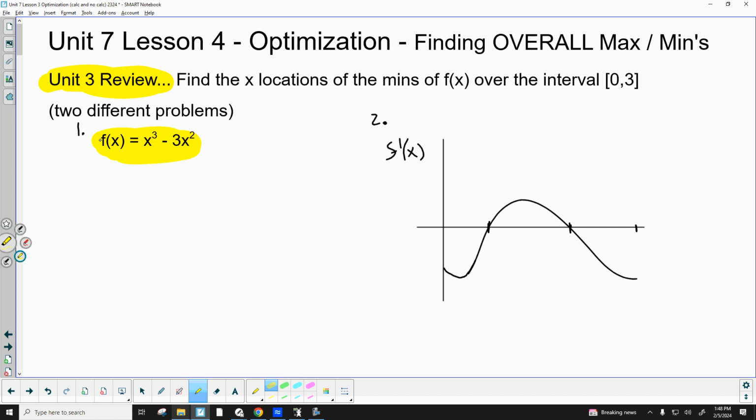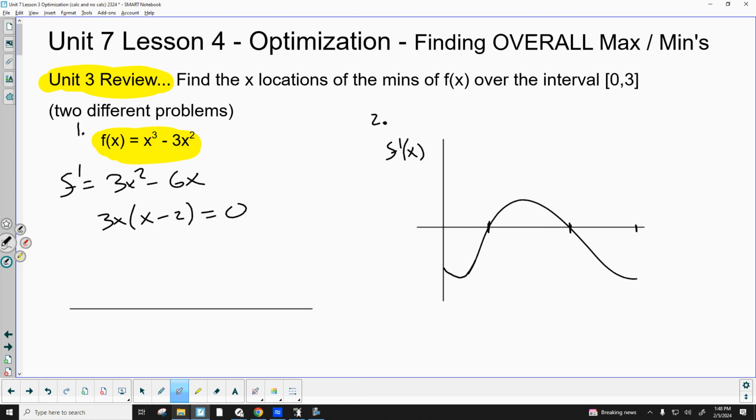Everybody is forgetting the key step of taking the derivative and setting it equal to 0. Take the derivative, get the slope equation, because the slope equaling 0 is when the derivative changes sign.